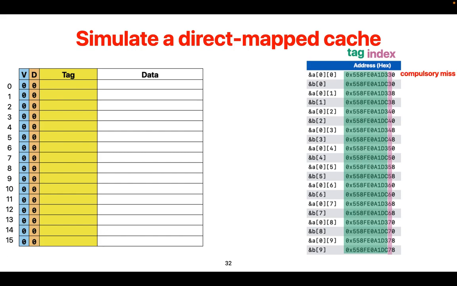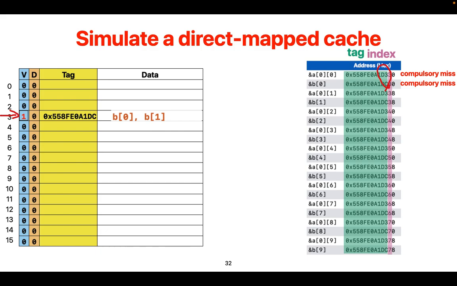How about B0? Compulsory miss again. When I served A0, I put A00 and A1 in this cache. Now when I serve B0, if you look at the partition of the address, it's still the same index, which is 3. So I will go to this one, kick out this 2, and put B0 and B1 in, to serve this compulsory miss.